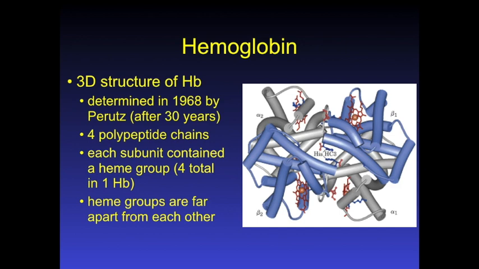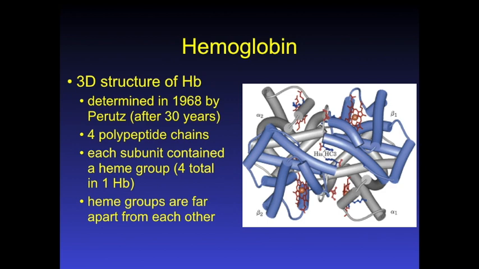They're slightly different in amino acid composition, but they have the exact same fold, and hemoglobin has four hemes inside of it. The structure was determined in 1968. Only took them 30 years to get that done, and determined that there were four polypeptides in a functional group. The hemes are relatively far apart from each other in that particular structure.